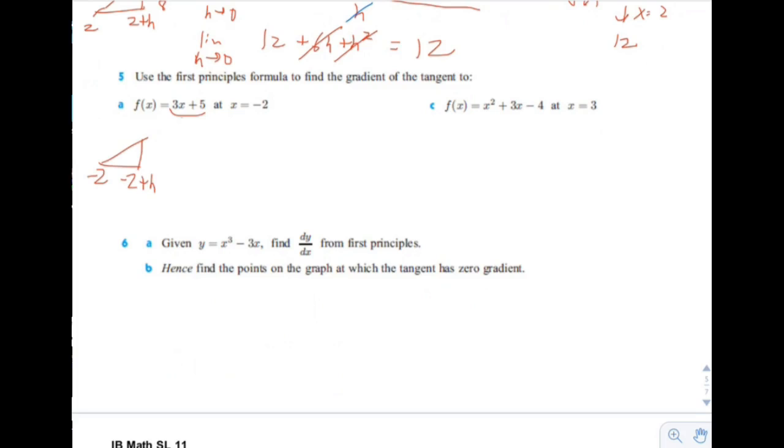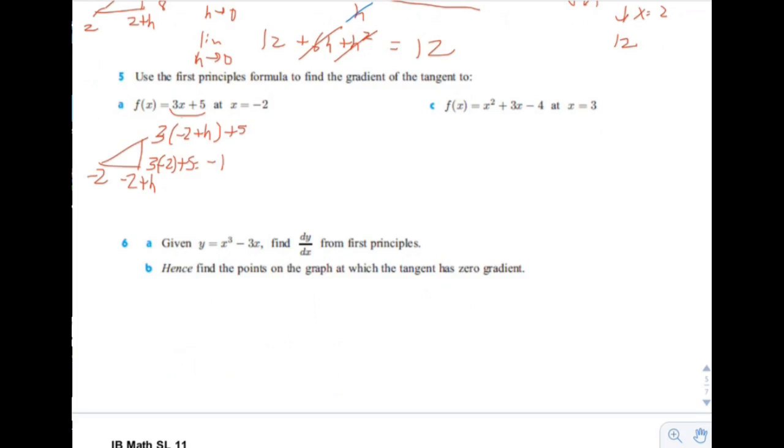And here we're going to have 3 times negative 2 plus 5, which is negative 6 plus 5, which is negative 1. And then for this point here, we're going to have 3 times negative 2 plus h, plus 5.